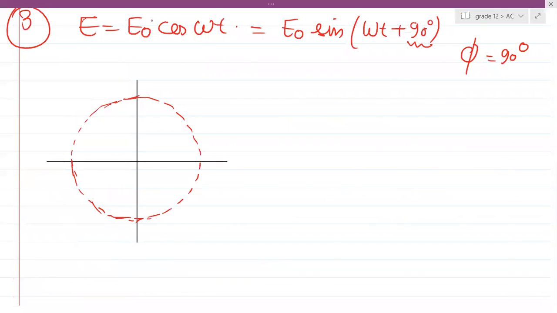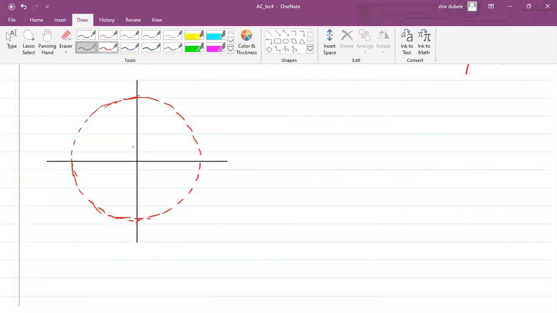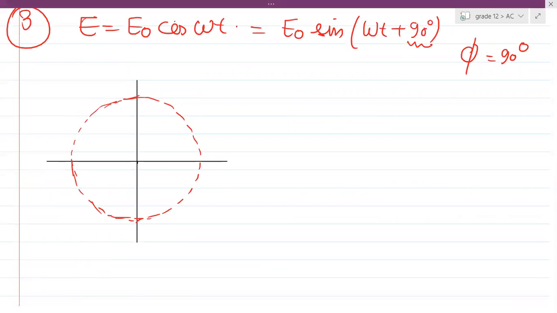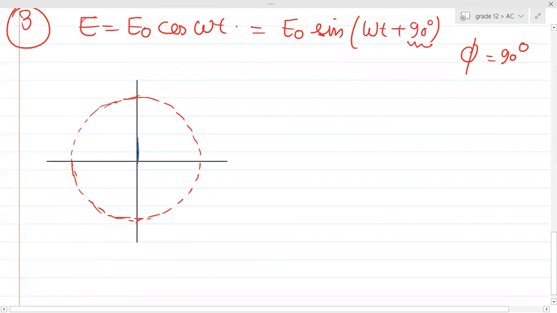So if this phasor rotates like this, at t equals to 0 the phasor is over here.